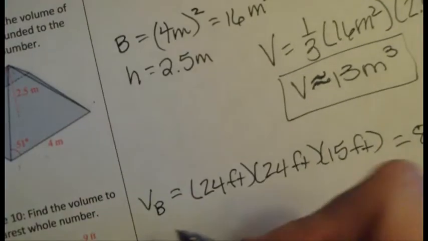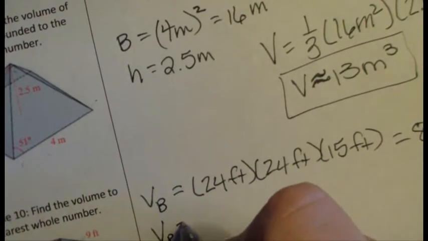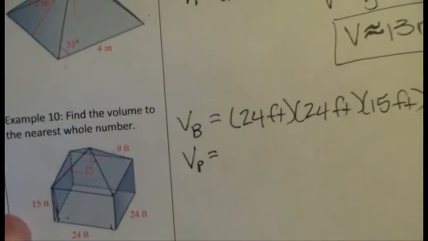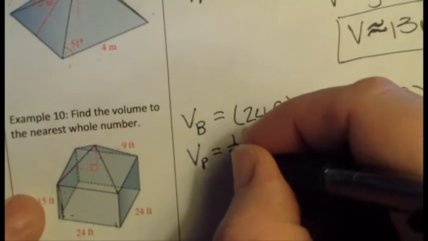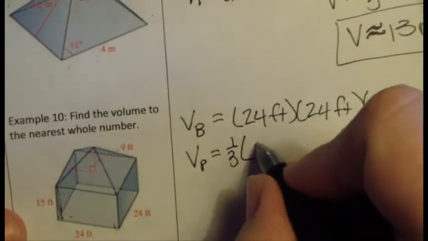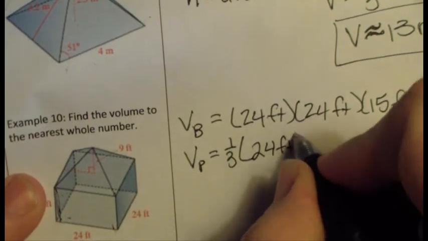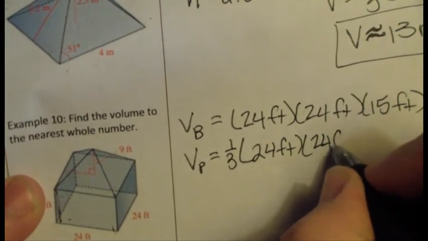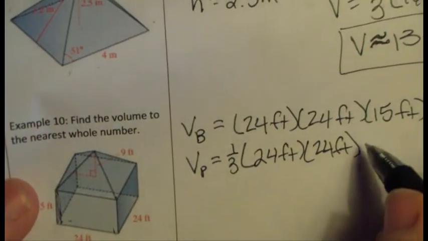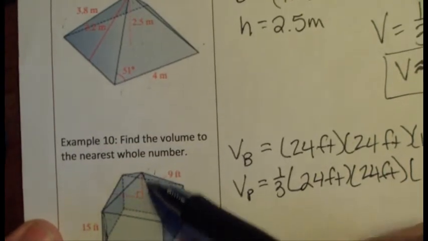Alright, then for our pyramid, I'll put P for pyramid. So the volume of our pyramid is 1/3 base area, which again is going to be 24 feet times 24 feet. And the height of our pyramid is 9 feet, so times 9 feet.